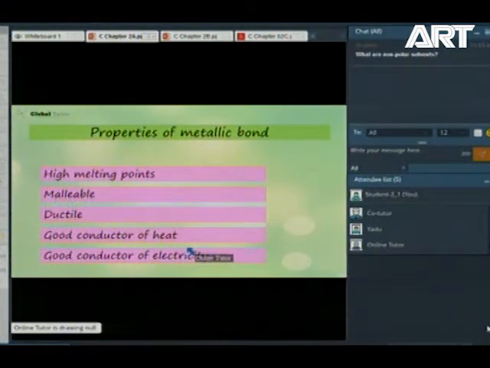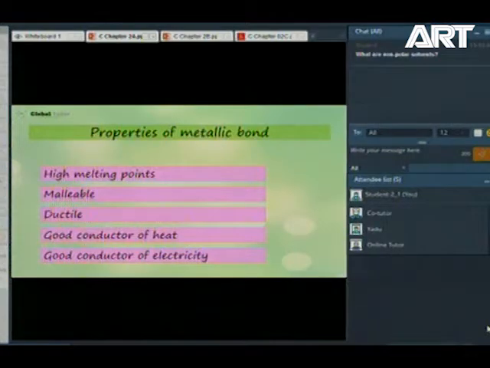A good example for this is we use metals for cooking purposes. This is a good example where you use the conducting property of metals. And electricity also, most of the wires, for example copper is mostly used to make wires.